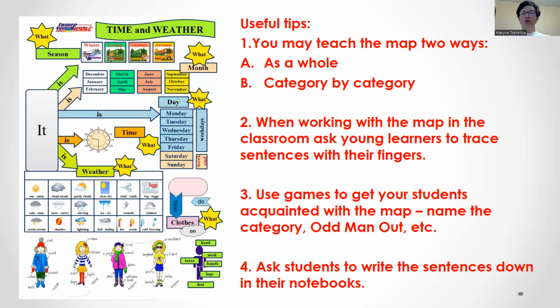You may do odd man out when you say foggy, windy, August, and they say what word doesn't belong. And you also may do riddles. It is a good map for description and riddles.